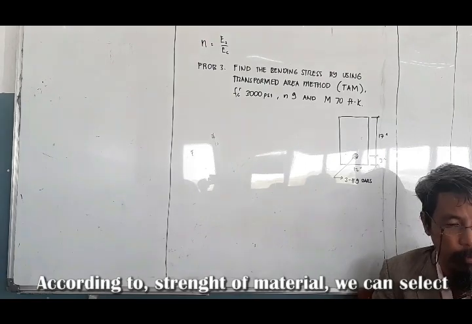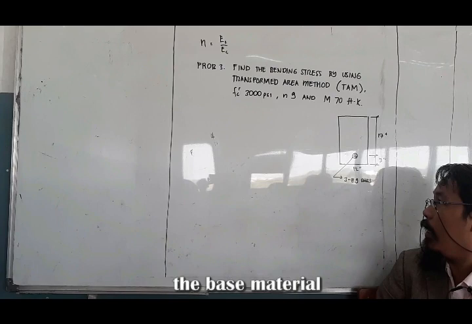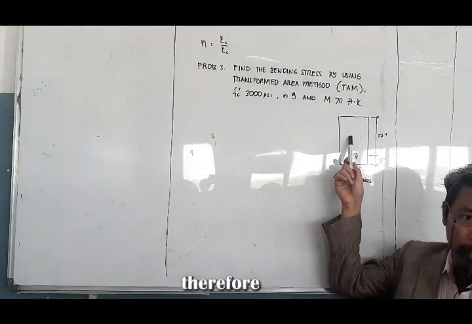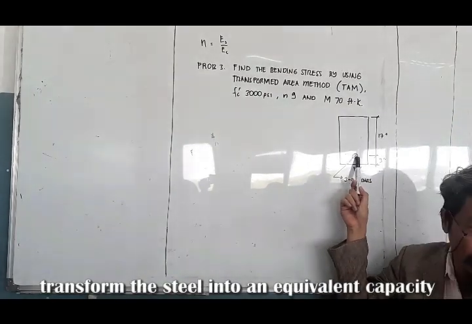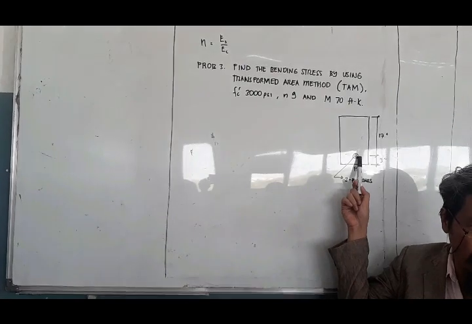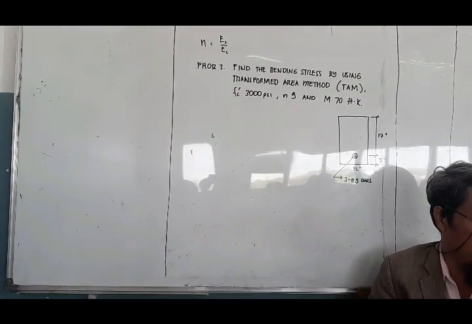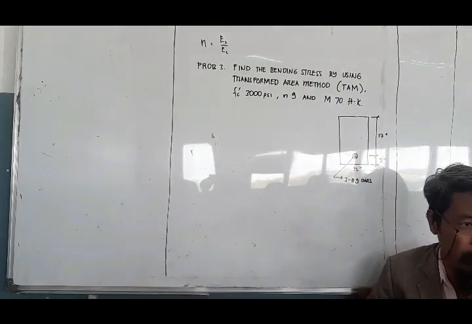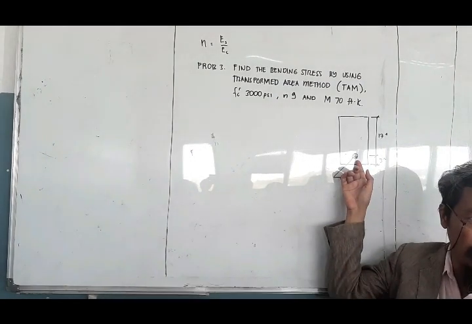According to strength of materials, we can select the base material, for example concrete, and transform the steel into an equivalent-capacity concrete.